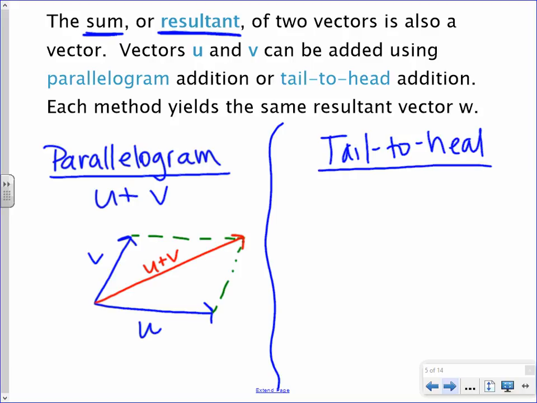Tail to head addition is one that I visualize better. You may visualize parallelogram better, and you can decide which one you want to use.